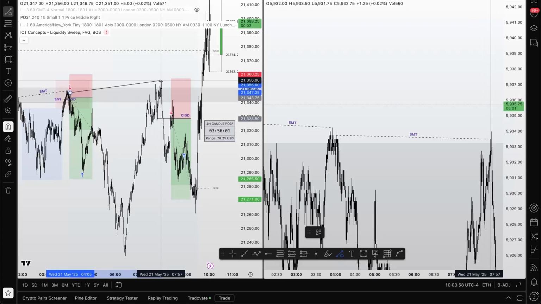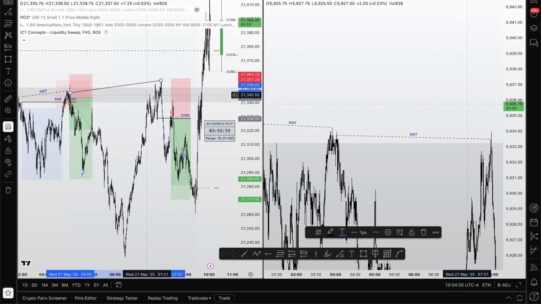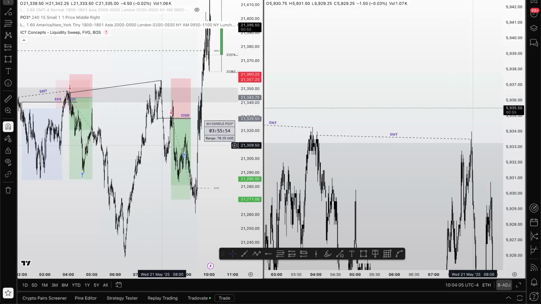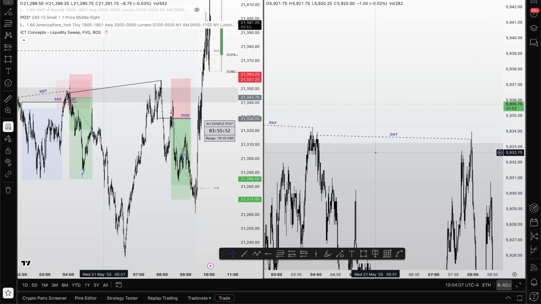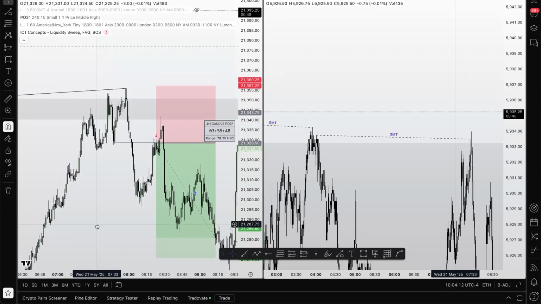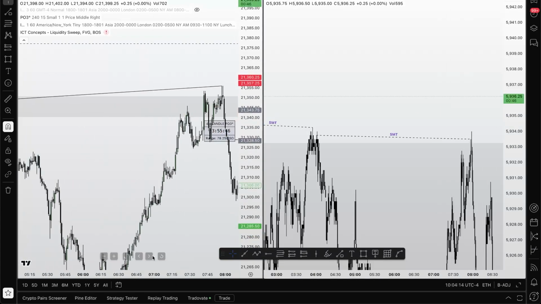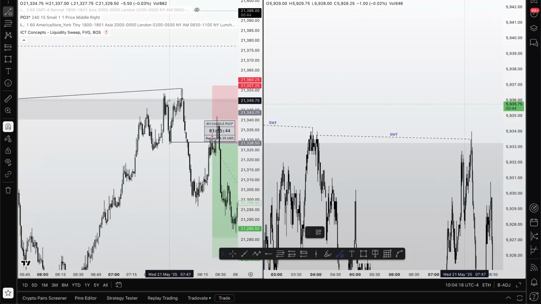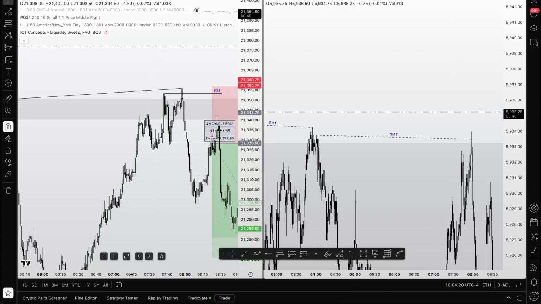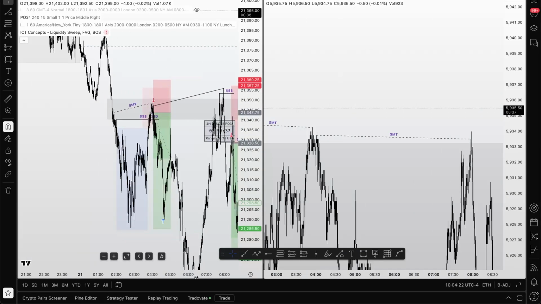As you can see, SMT here because NQ took the highs, whereas ES didn't. That is my SMT. So that's 2 confluences. The next confluence I want to see is a liquidity sweep, obviously. Almost forgot about it, but it's always there. There's a liquidity sweep, and there's also a liquidity sweep over here as well. So that's 2 liquidity sweeps.